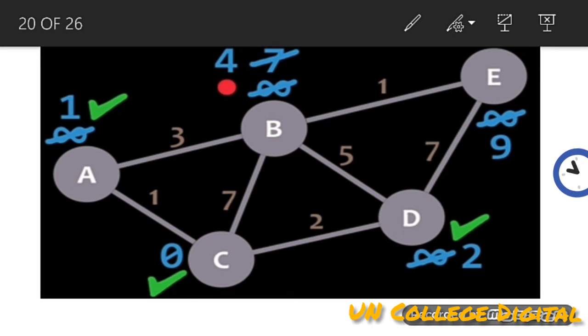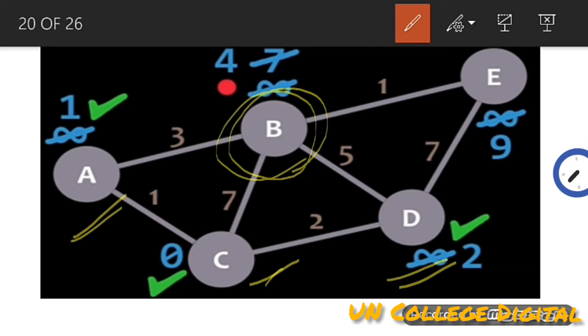Here you can see that C is marked with a green symbol, A is marked with a green symbol, D is marked with a green symbol. Now we are at this point, and again we will do the same process. We will try to find out the minimum weight.